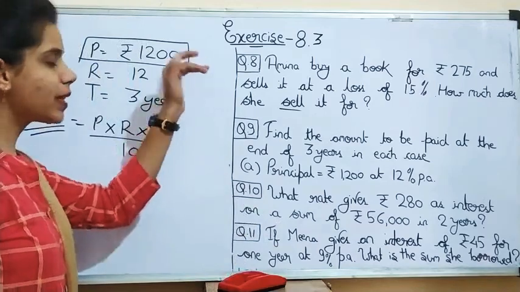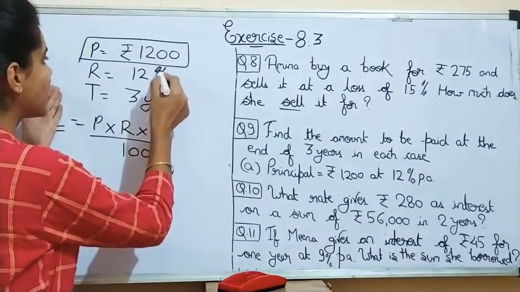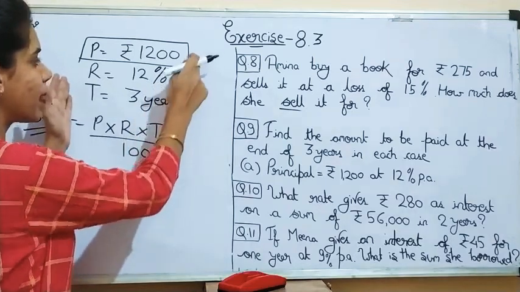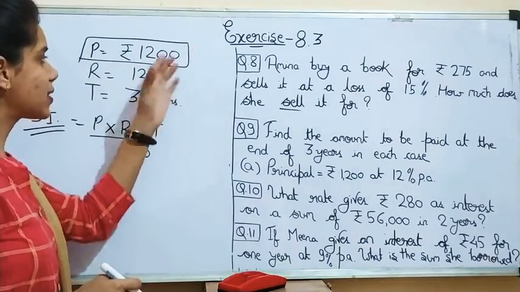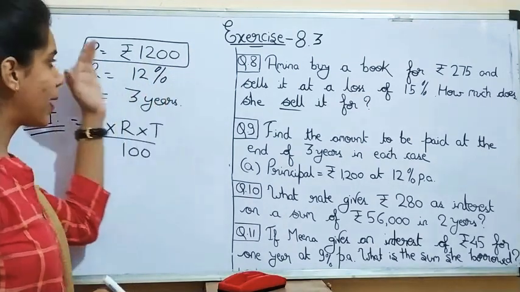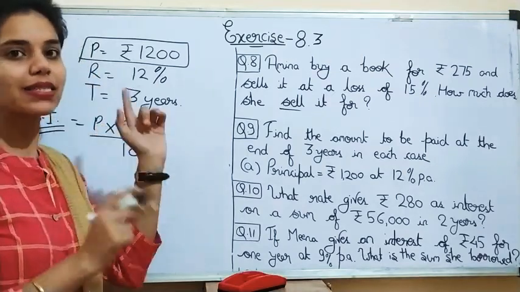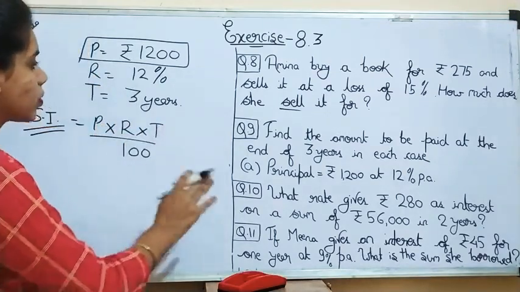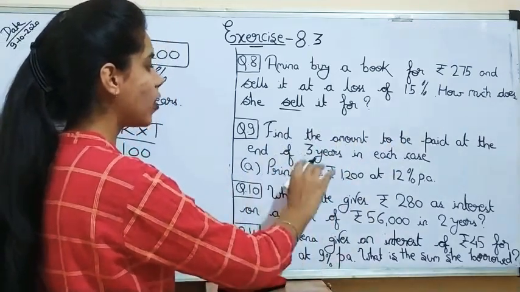But this will be the principal amount, and this will be the rate of interest at which we borrowed the amount. After 3 years, a person has to pay the total amount, which will be the sum of principal and simple interest. So we have to find the amount to be paid at the end of 3 years.